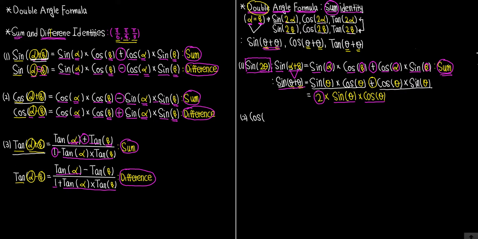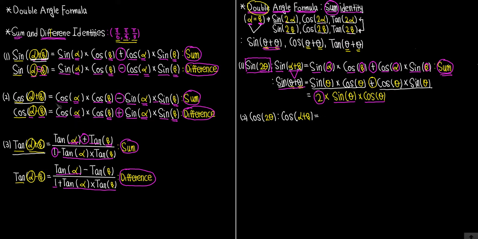We are going to think about what is the cosine of 2 theta, which is the double angle formula for cosine. Just like we did for sine, we always need to remember the cosine of alpha plus beta, because the sum identities made the double angle formulas. What was the cosine of alpha plus beta?